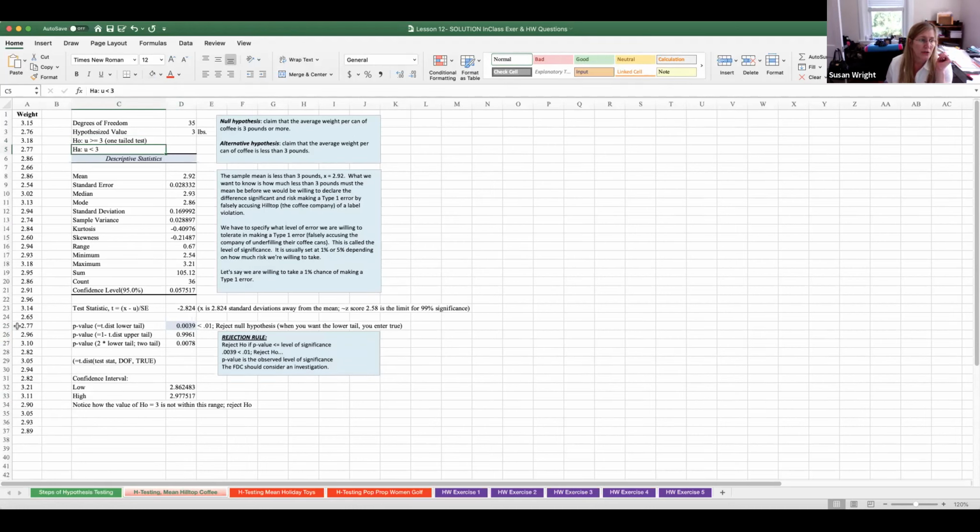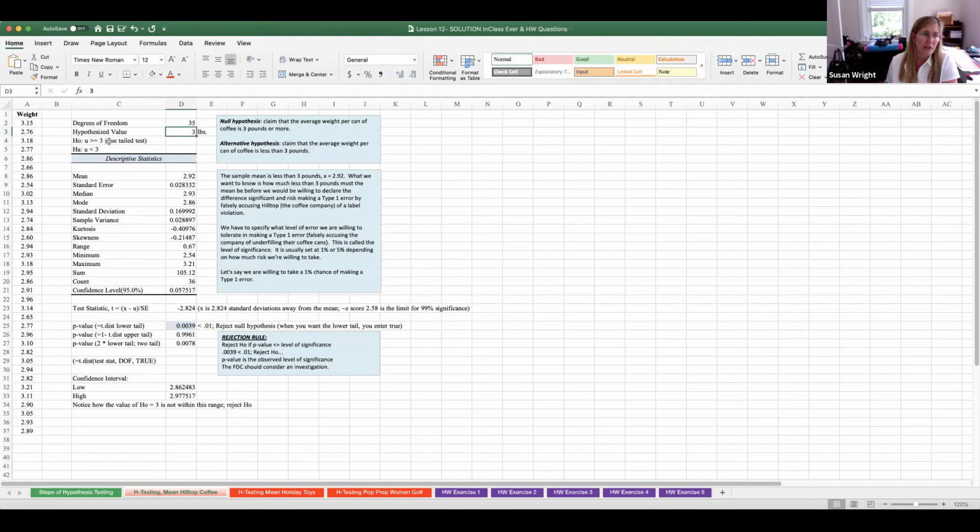Because there's 36 cans, the degrees of freedom are 35. We're going to need that for our t-test. And then this is the hypothesized value, that the can says there should be 3 pounds of coffee in there. We're going to try to prove if this assumption is correct, and so that's why the null hypothesis is set up this way.